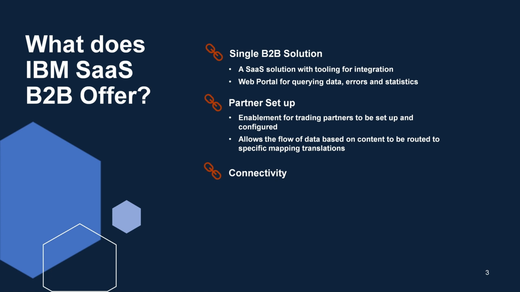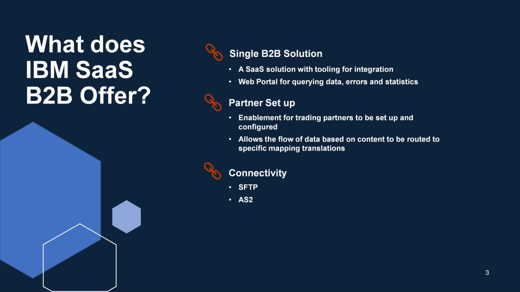We then have different connectivity capabilities here as well. It provides SFTP, and that can be connecting to a trading partner, or via the actual hub itself, you can set up a cloud-based SFTP directly into IBM that way.